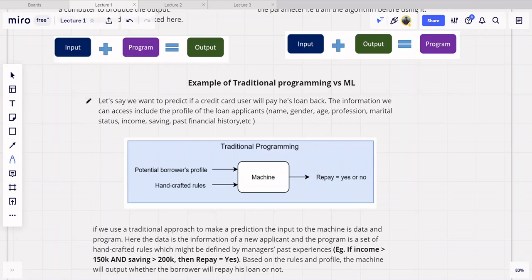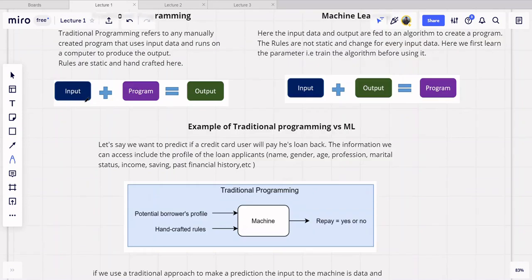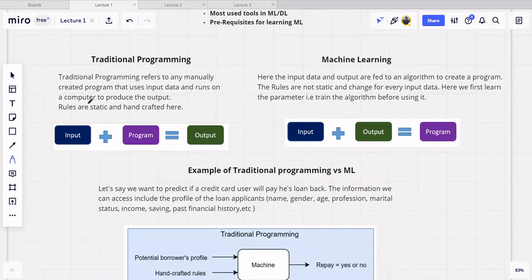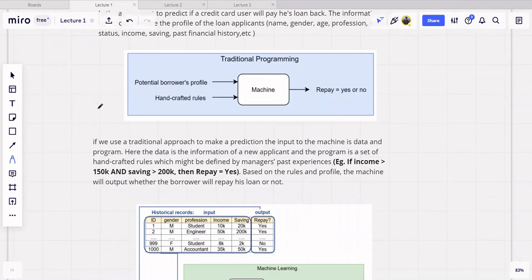Some of the data that we have on the user is his income and his saving. In traditional programming, we would have used the data as input and tried to create a conditional program. The most basic traditional approach would be writing if and else statements.